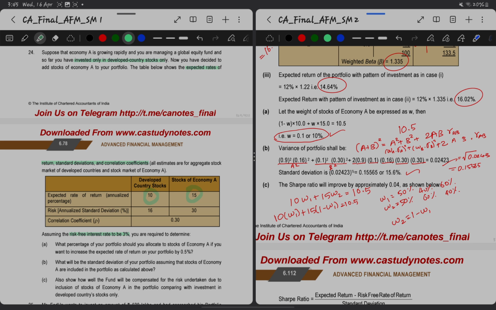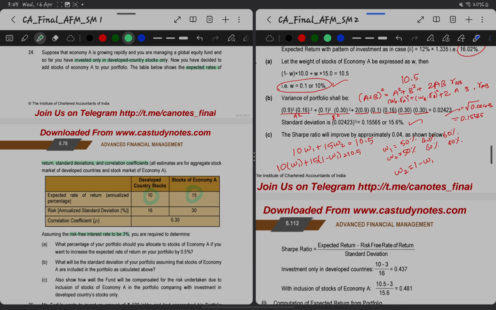So they are asking how the fund will be compensated for the risk undertaken. To make this comparison, we need to know how much extra return the stocks are earning per rupee of risk.